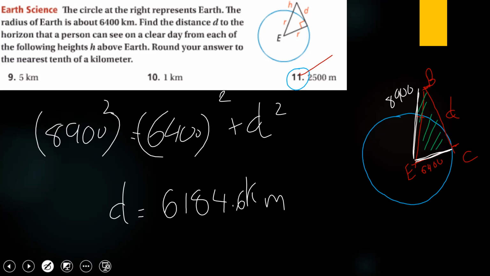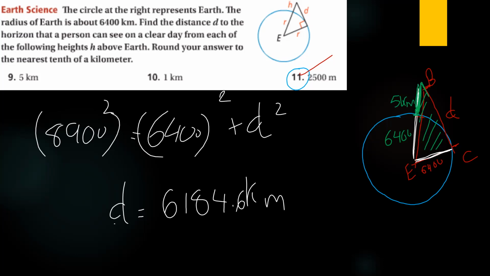Do you have any question? No, thank you. Okay. Teacher, what do you mean about question 9 is 5 kilometers and question 10 is 1 kilometer? Here we say it is 6,400 kilometers, and here it is 5 kilometers, the distance from the earth up to the tower, as an example.